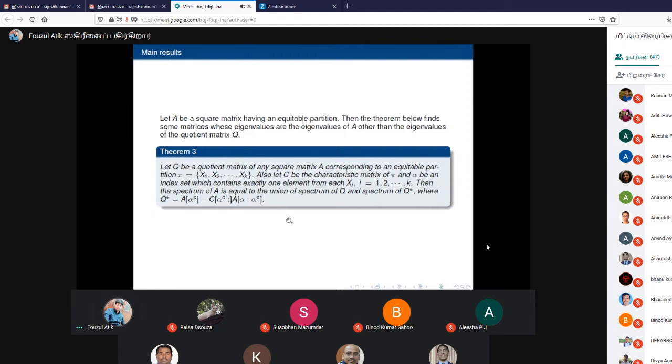We will have the size of X1 times the size of X2 up to the size of Xk possible choices of alpha, and for each alpha we can have one Q star which will contain all the eigenvalues of the matrix A which are not in Q. I will come up with an example; I think it will be more clear.